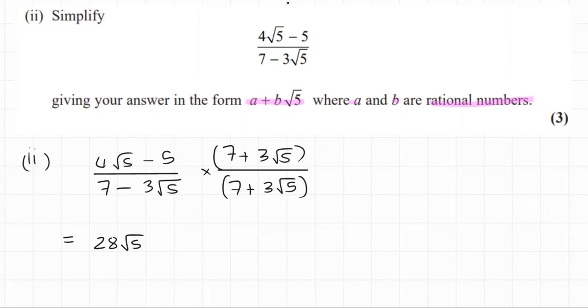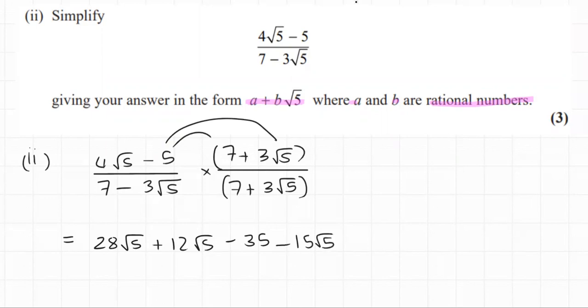So 3 times 4 square root 5 is plus 12 square root 5. And the inner, minus 5 times 7 is negative 35. And then we do the last. So it's going to be negative 15 square root 5.